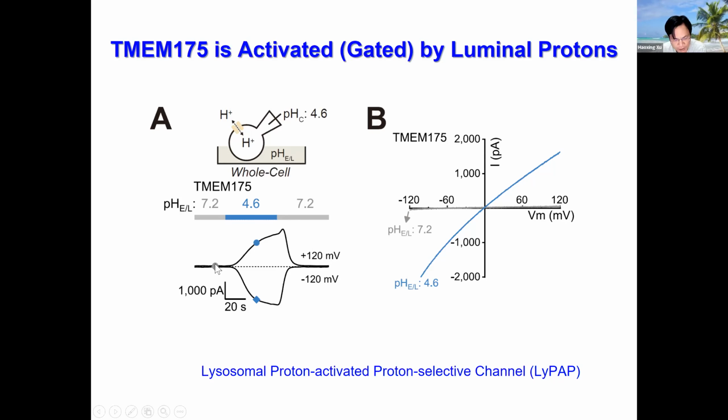But when we change the luminal side pH to 4.6, we start to see large current. But this current reverses at 0 millivolts because now we have a symmetric proton gradient. So we conclude the channel is activated or gated by luminal protons. This is why we initially called it the lysosomal proton-activated, proton-permeable channel, or light pipe.